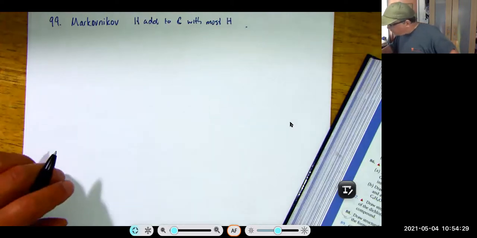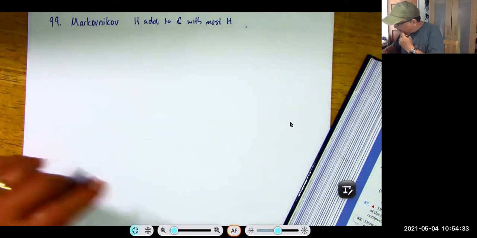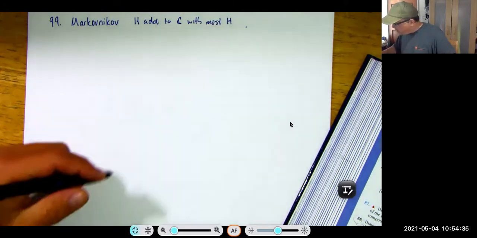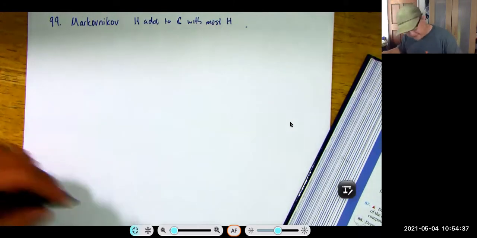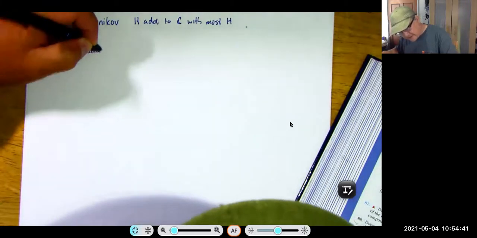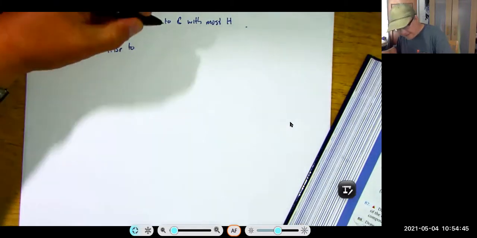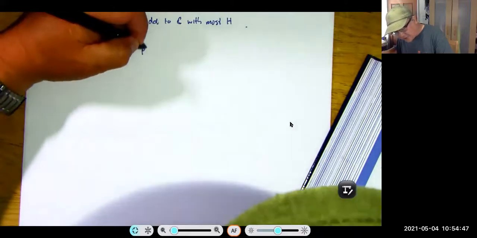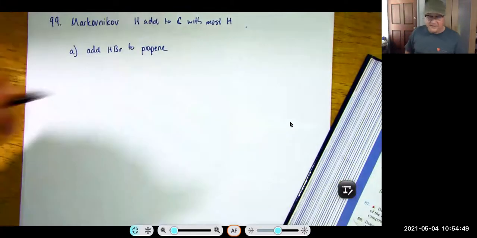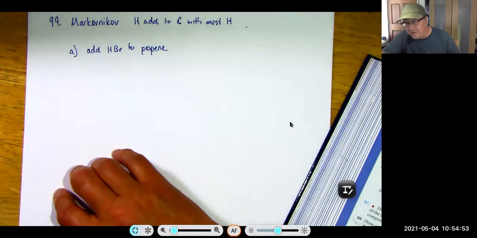So, draw the structure of the product by adding HBr to propene. Now it says draw the structure, but it doesn't say structural formula. So we're in luck. But the structural formula might be helpful.